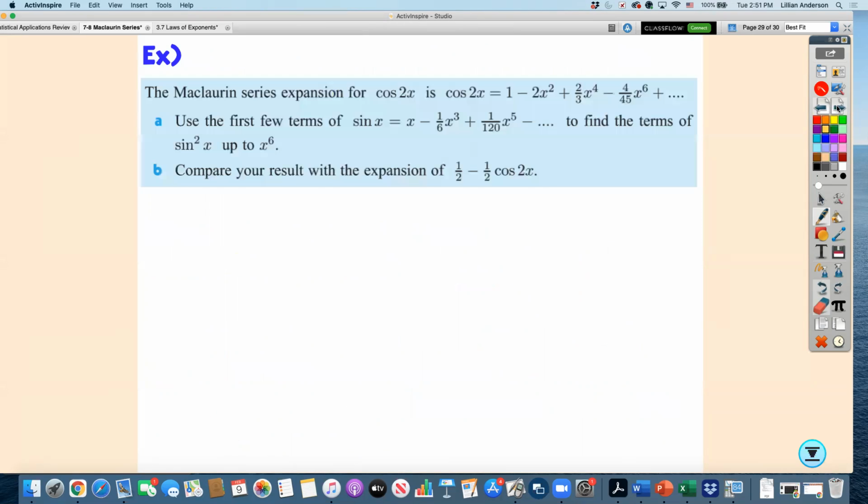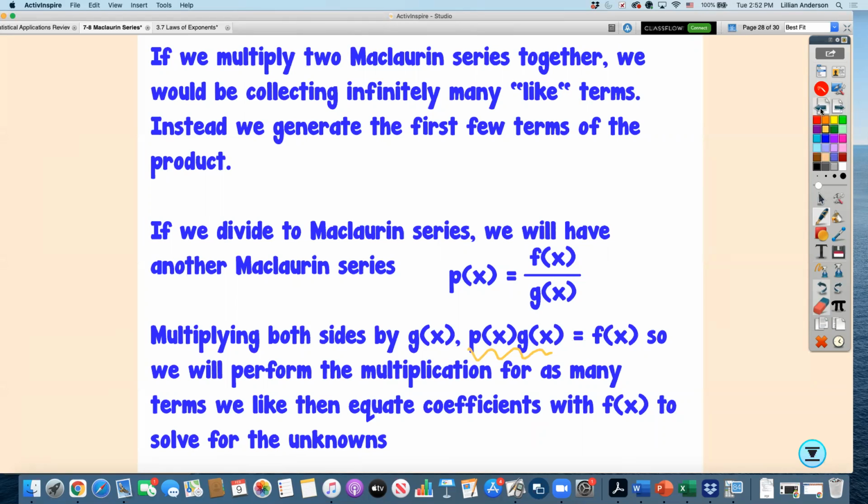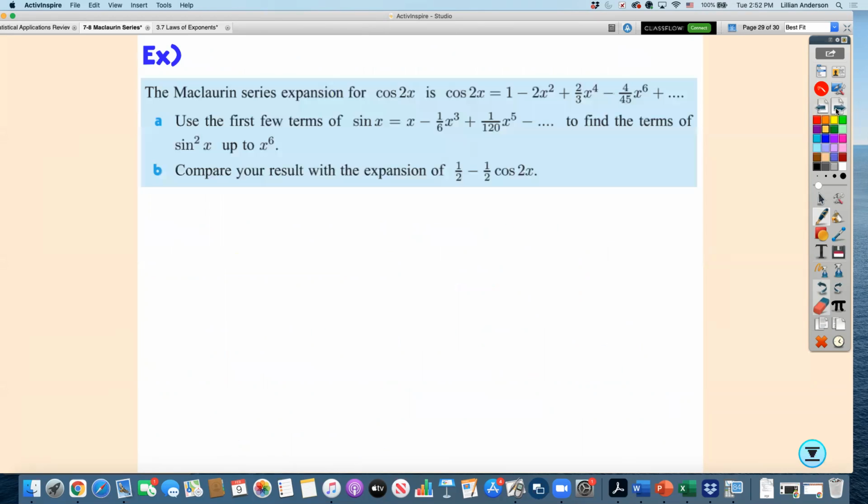So it represents some function, some different functions. So essentially, like y equals a function divided by another function. You just multiply your g of x, whatever the denominator is, to both sides, and you're essentially multiplying like before. So I just really quick want to show you how to do that. And then I know I'll have to finish up independently of you guys, okay?